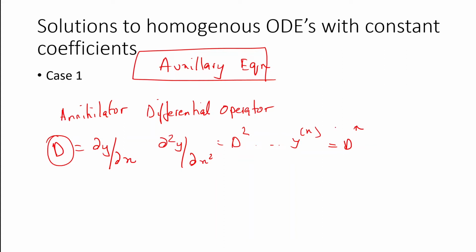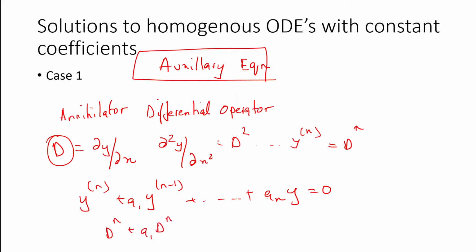So I explained the derivation of an annihilator, but now let's write out the annihilator equation directly. What is the general form of a homogeneous ODE with constant coefficients? I'm sure you can write it out now with ease. I derived how you get this characteristic equation. Now let's write it out in this annihilator form. We write it like this: D to the power n plus a1 D to the power n minus 1, all the way up till an, times y is equal to 0.